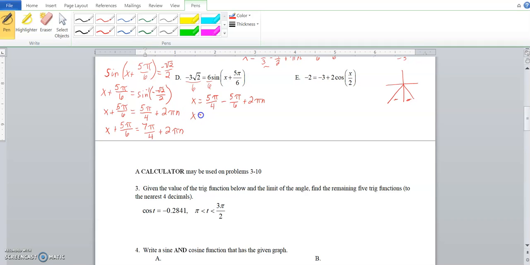And it also equals 7 pi over 4 minus 5 pi over 6 plus 2 pi n. So now we need to find our common denominator.